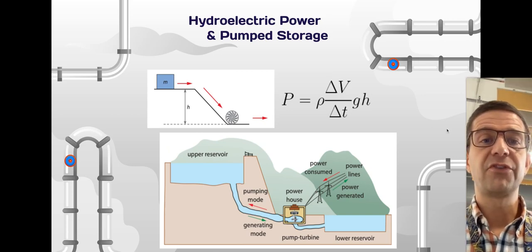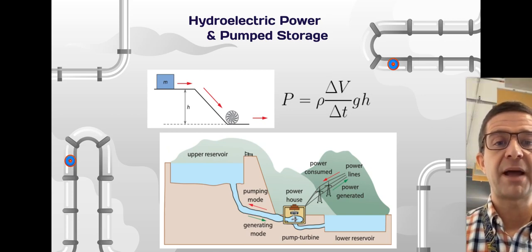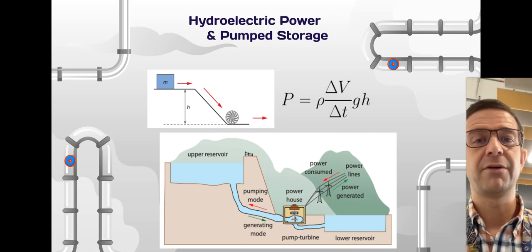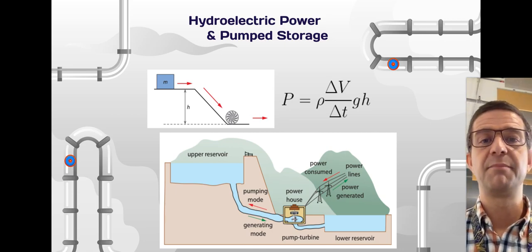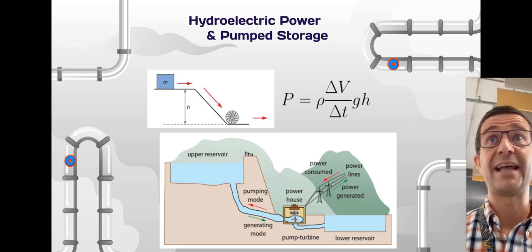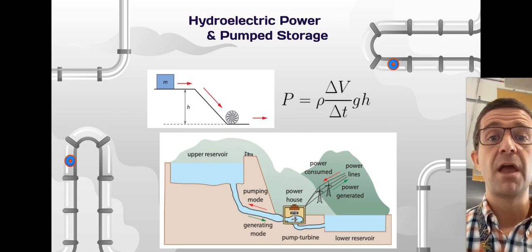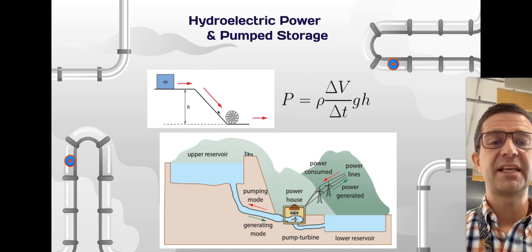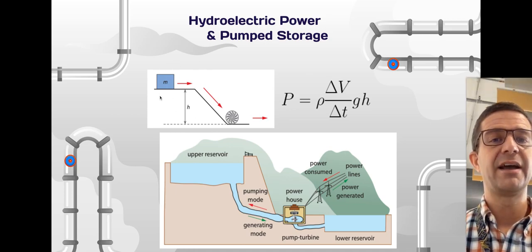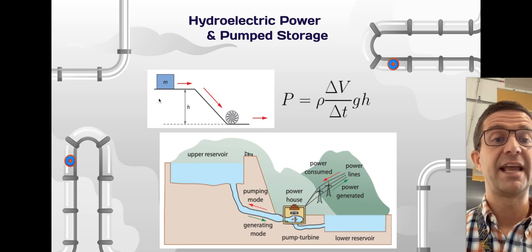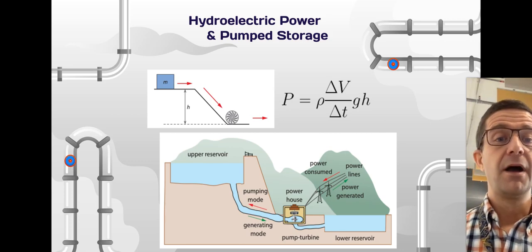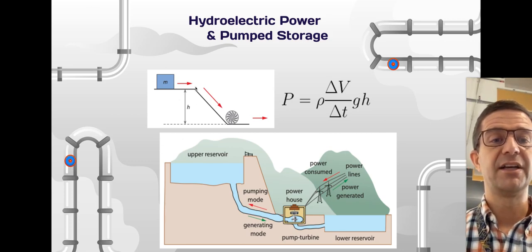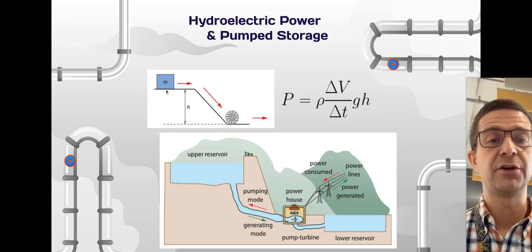A second renewable source of energy is hydroelectric power. Hydroelectric power is particularly interesting because of its ability to be used as a storage of energy, what's known as pumped storage. The basic idea of a hydroelectric power plant is that a large mass of water is essentially a source of stored potential energy.